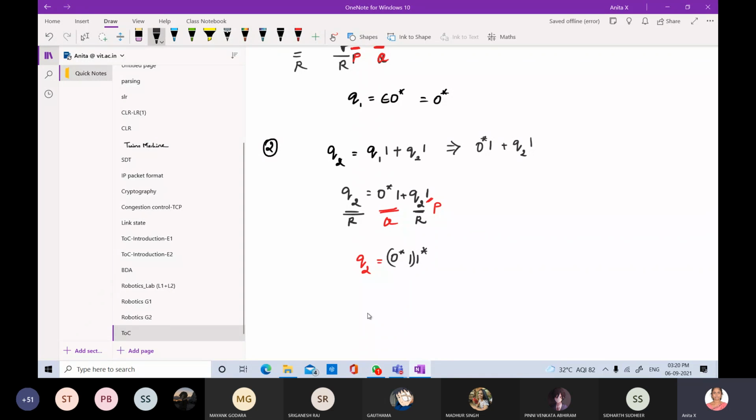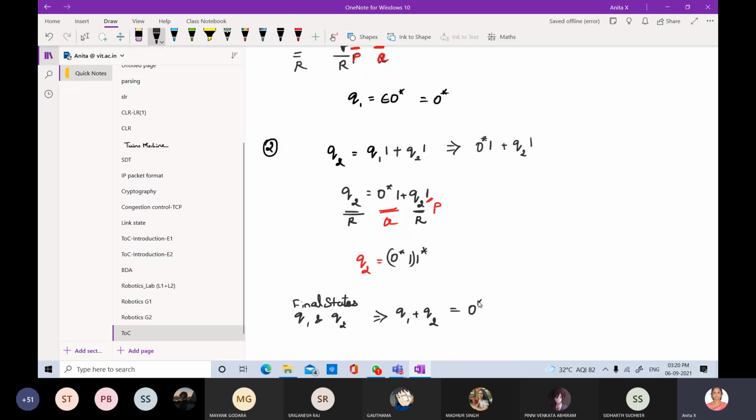So next, what we need: there are 2 different final states, isn't it? Q1 and Q2. So we have to take the union of these 2. So we need Q1 plus Q2, right? These 2 are final states. So we need this equation. So what is Q1?